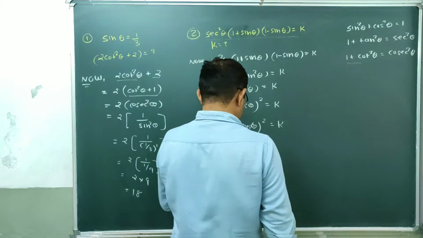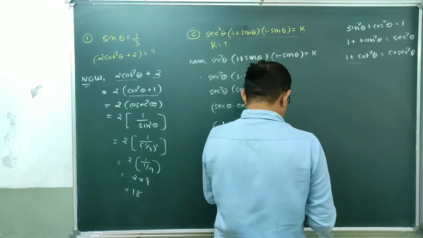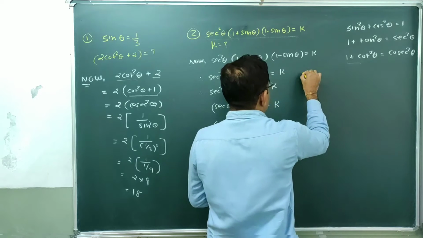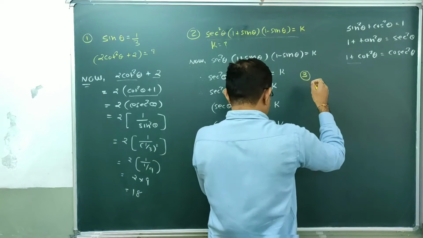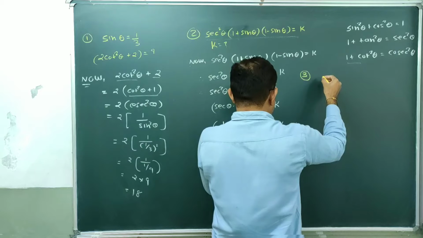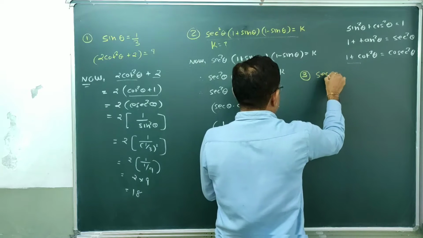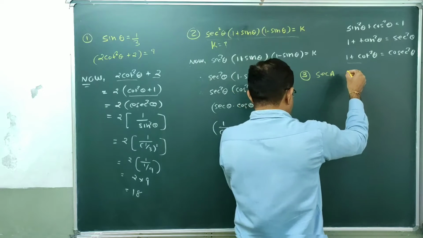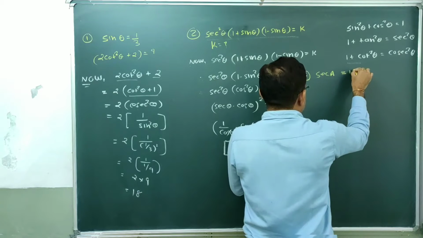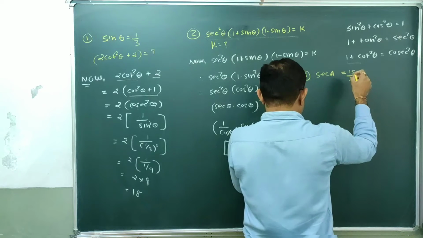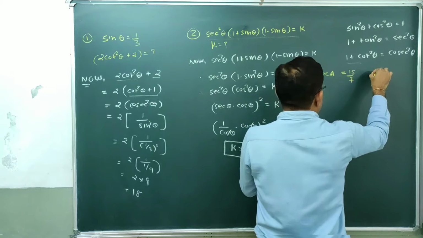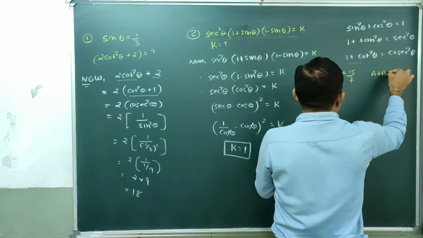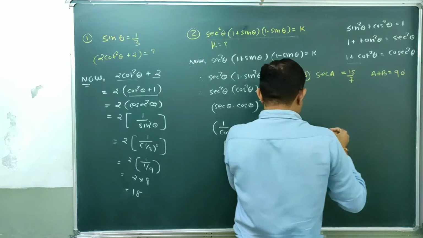Now next, question number 3. Again this is a very good question. Here we are given that sec A equal to 15/7 and A plus B equal to 90 degree.